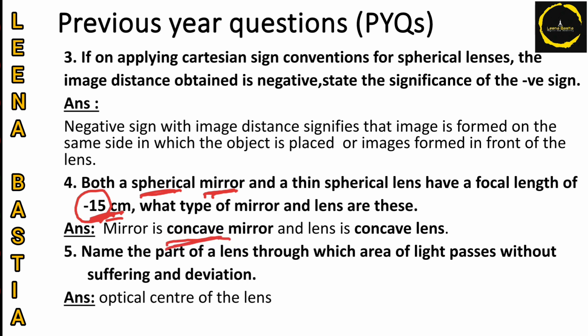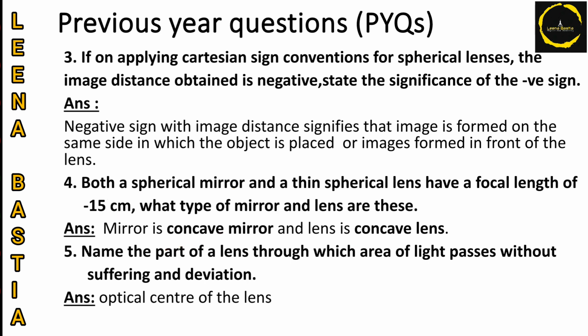So in case of a lens also, the lens will be a concave lens. The focal length value will be negative in case of concave, whether it is a mirror or a lens. Children, I told you the image formation in case of a concave mirror and a convex lens will be similar, but these values like negative for focal length are similar for both mirrors and lenses. I hope it is clear.